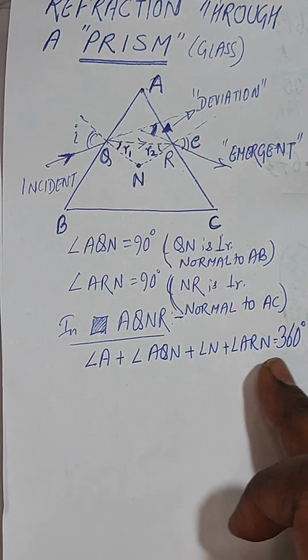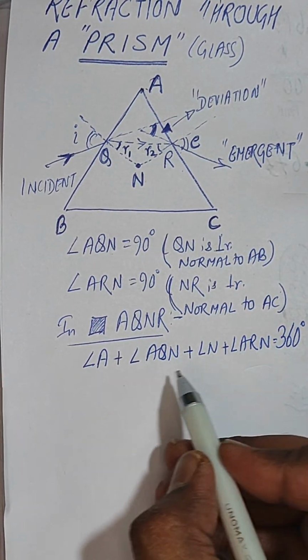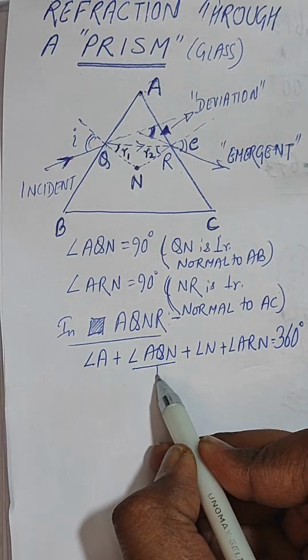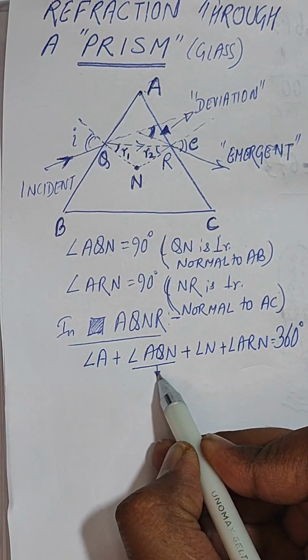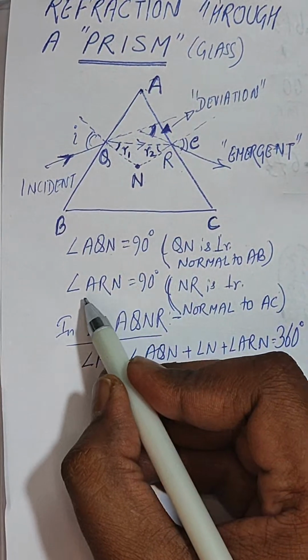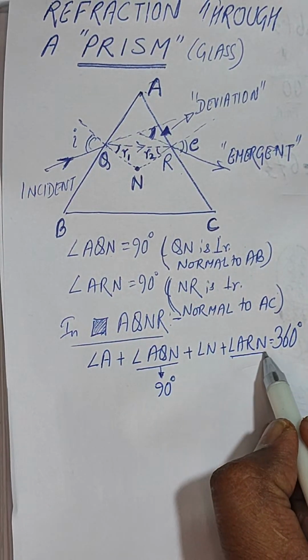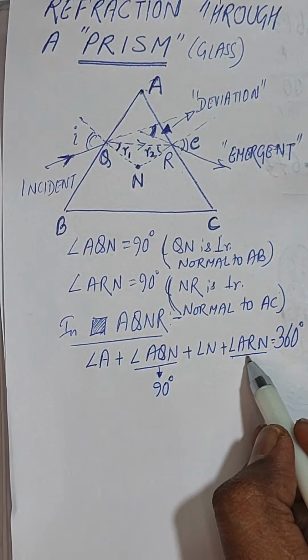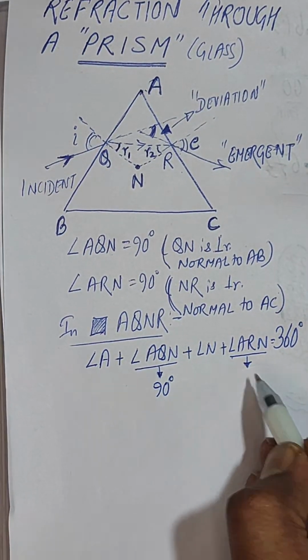But AQN, being a normal, is 90 degree, and ARN being a normal is also equal to 90 degree, right?